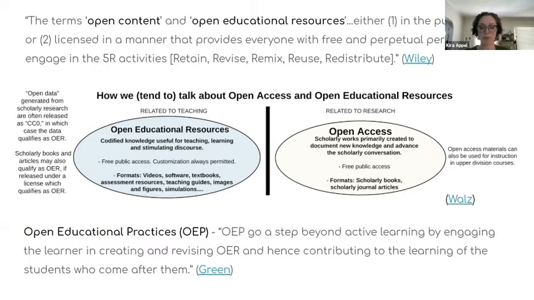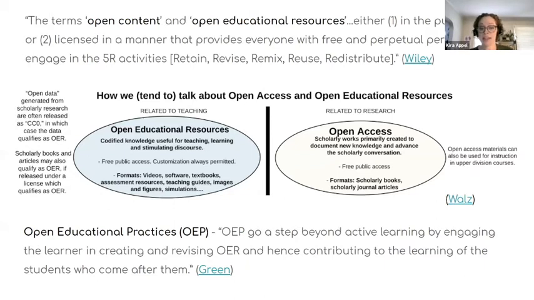This excerpt is in the middle of the slide here, and it's displaying open access as related to research, such as scholarly books and journal articles, and open educational resources as related to teaching. That's the difference, right? For example, textbooks, assessment resources, and teaching guides. So while it's a lot, it's all in one handout, and it really goes into detail, and I would recommend taking a look at that if you have an opportunity.